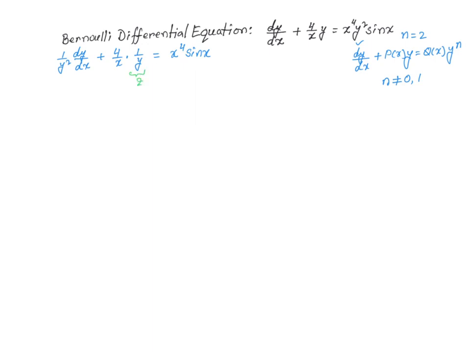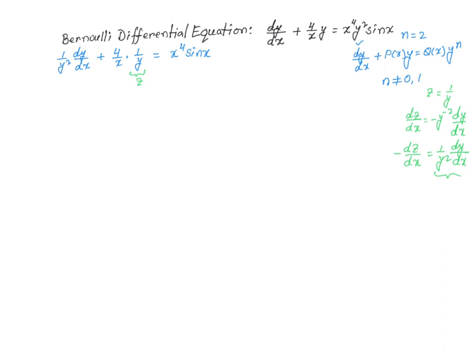So if I assume z to be 1 over y, then my dz over dx is going to be negative y to the power negative 2 dy over dx. Upon further simplification, I'm going to get negative dz over dx is equal to 1 over y square dy over dx.